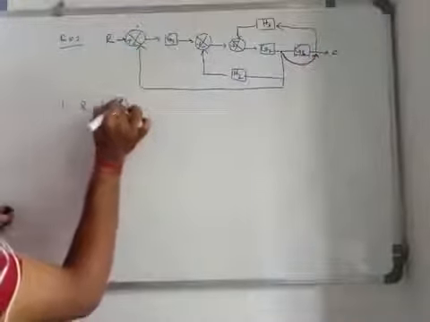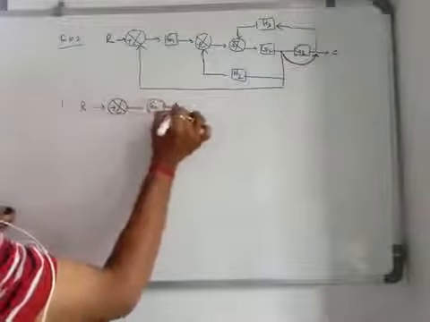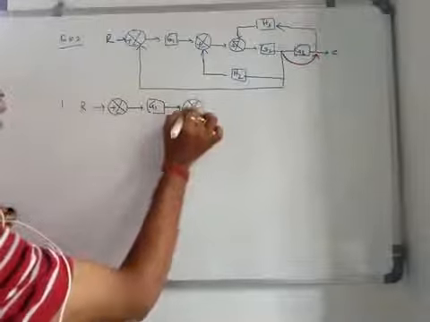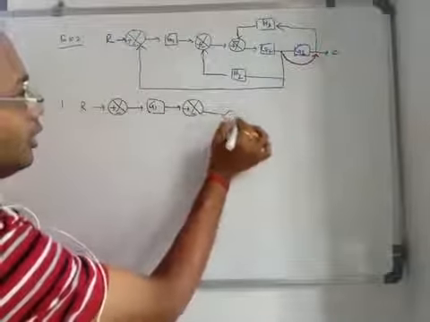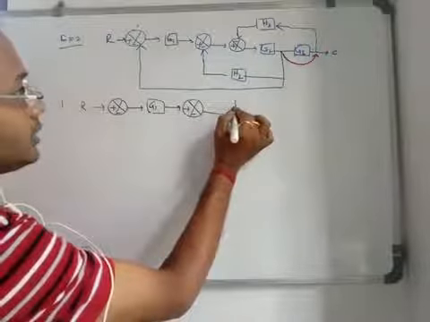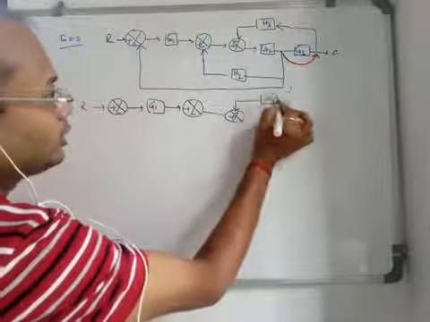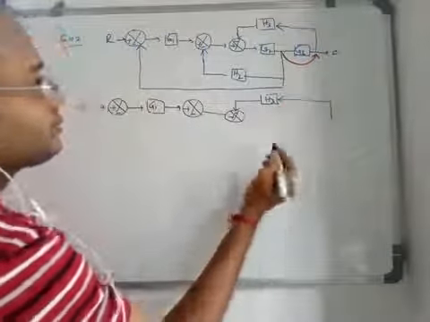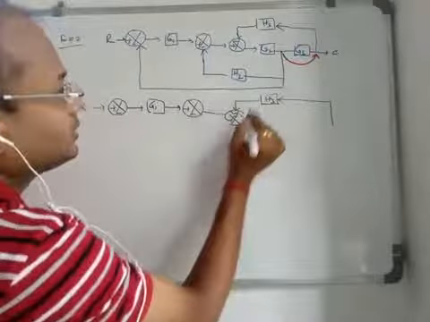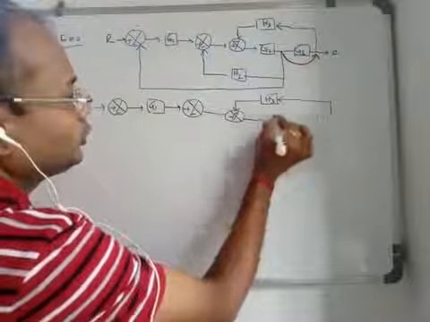So I will write the structure like this. This is G1, so this will remain the same, plus minus, this is your S3 block, and this is your G2.